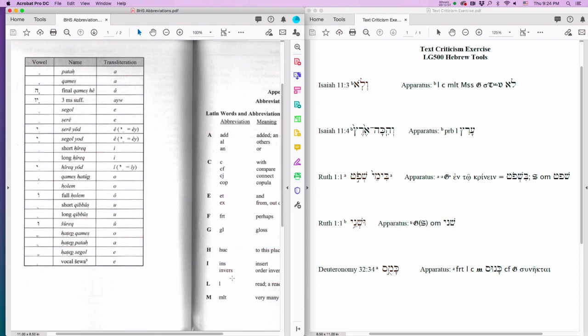Okay, let's look further at this example from Ruth. It begins, in the days of the judging, and then it goes on to say, of the judges.